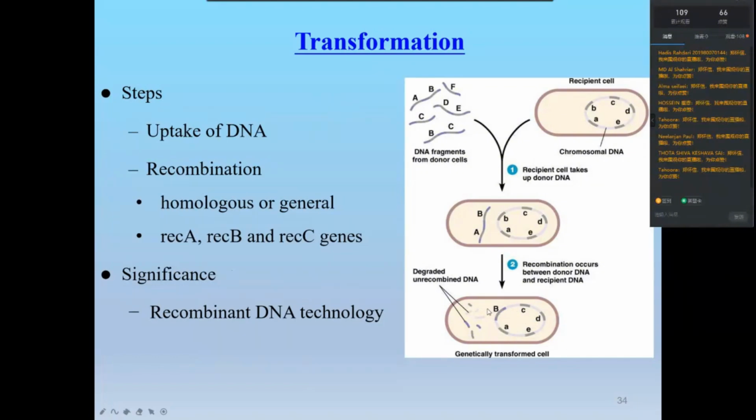And now this gene, capital B, can be expressed so that this transformed cell will have a new feature expressing the capital B gene. And this capital B gene might be a virulence gene, might be a resistance gene, or some other feature. So now this cell is different from the beginning, because at the beginning it could only express this little b. Now it can express this capital B gene.